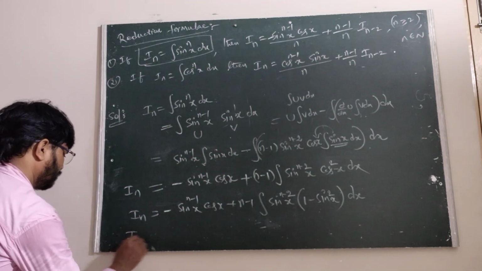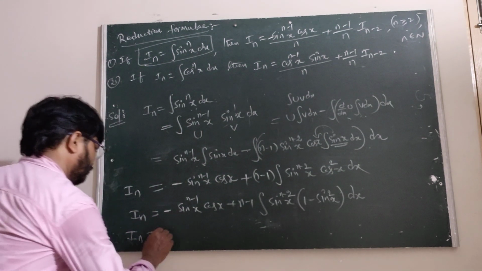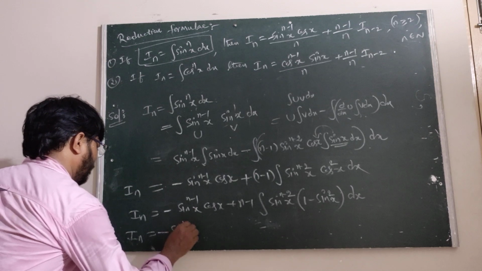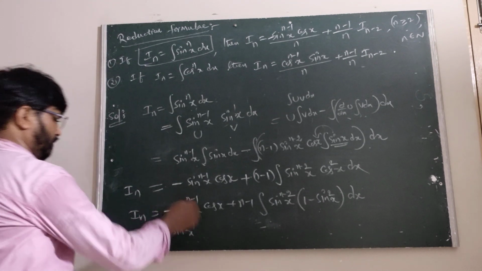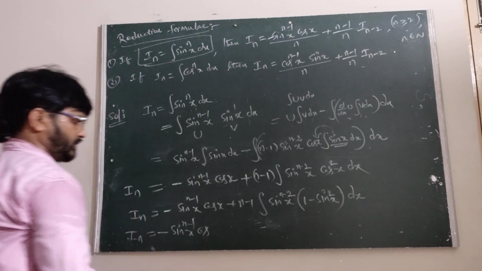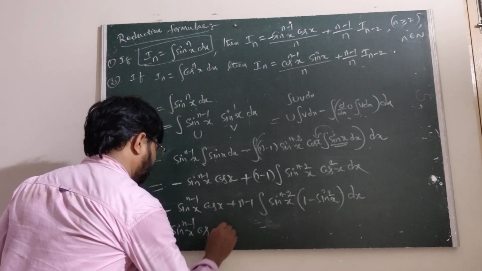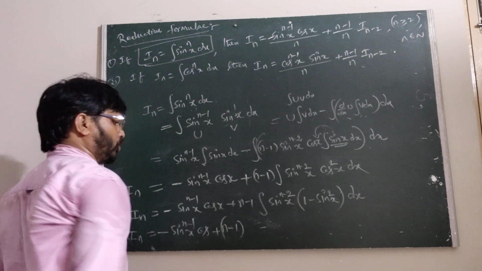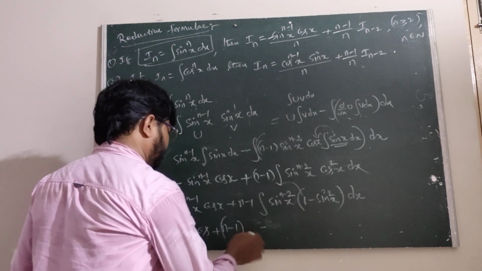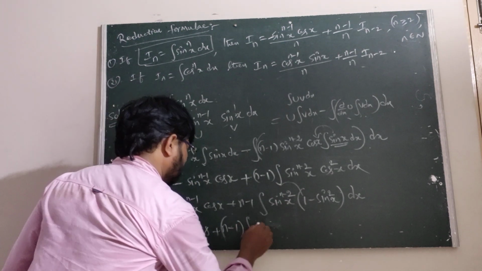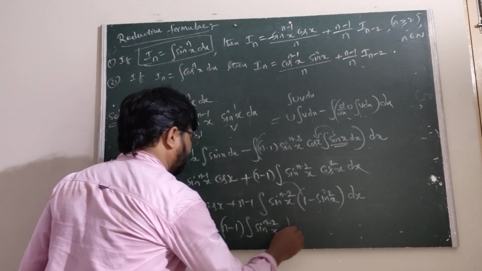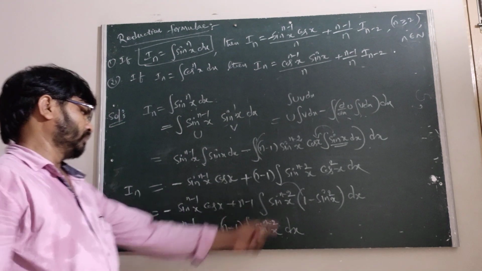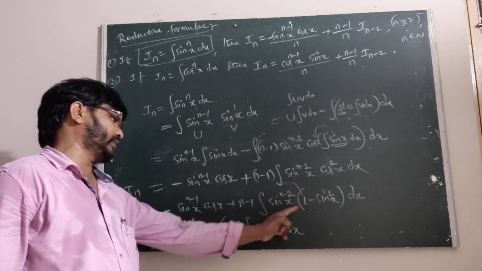Therefore, I_n equals minus sin^(n-1) x into cos x, now this is n-1 into the integral of sin^(n-2) x dx. Is it clear? The sin^(n-2) x into 1.